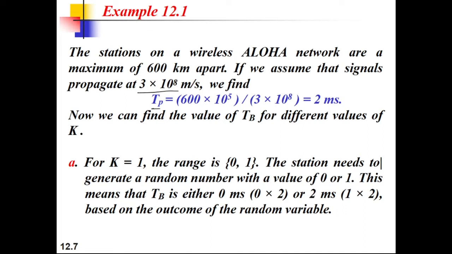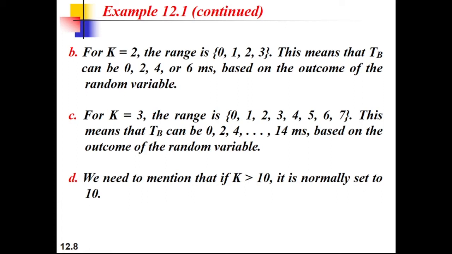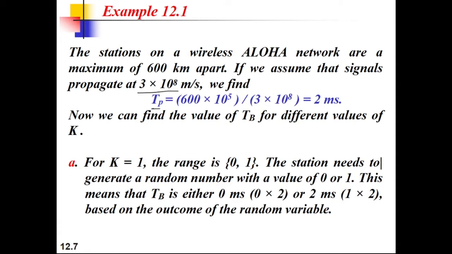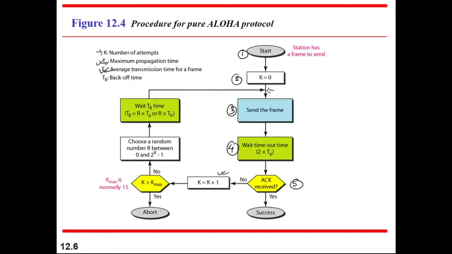And for different values of k we can get different results. How many times we are attempting, that is our k. So according to our k, we will generate the value of this random number.